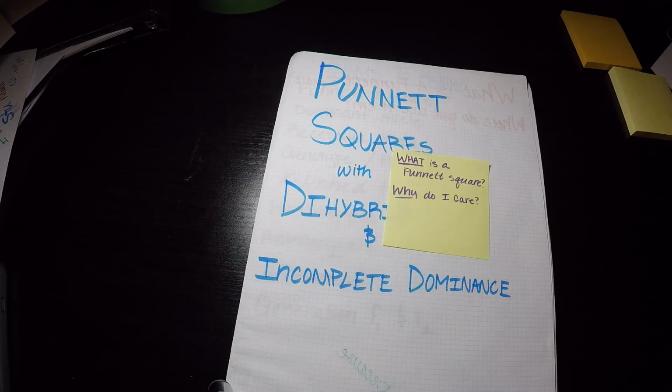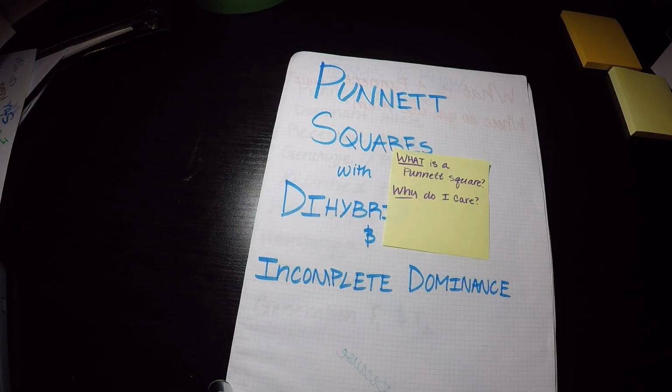Which means if you were to breed two plants, say one has pink flowers and one has red flowers, and you wanted some with blue flowers or something crazy, you could start to figure out how to do that all by yourself by using Punnett squares.